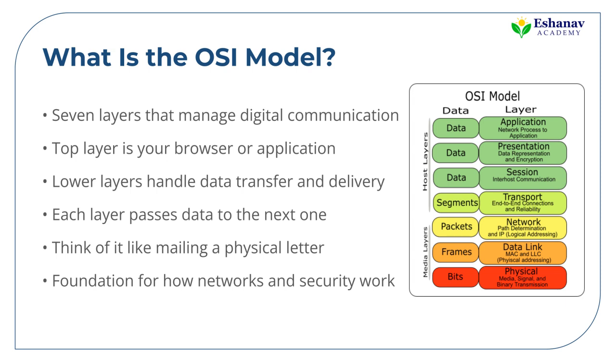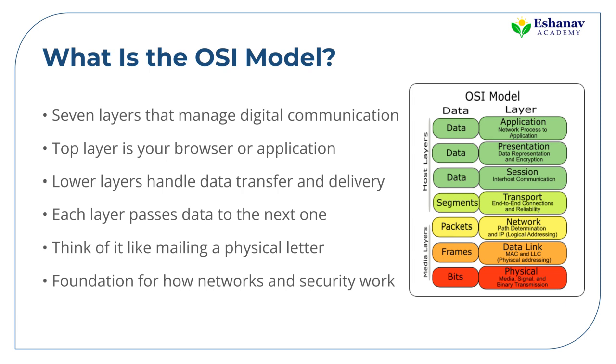Think of internet communication like sending a package across the world. It has to be wrapped, labeled, routed, and handed off safely through several checkpoints. The OSI model is the original way experts mapped that journey. It breaks the process into 7 distinct layers, each with its own job, from the physical cables transmitting signals to the apps you use on your screen.